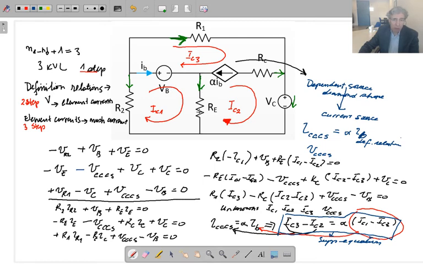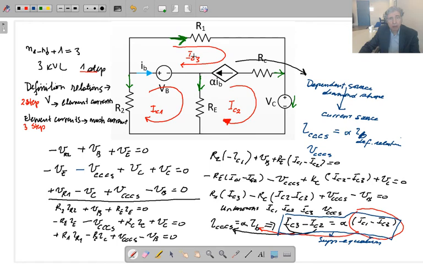We can find this element current, IC1 minus IC2. I can find this element current, IC2 minus IC3. This element current is equal to IC2. And this element current is IC3. So I found all the element currents.